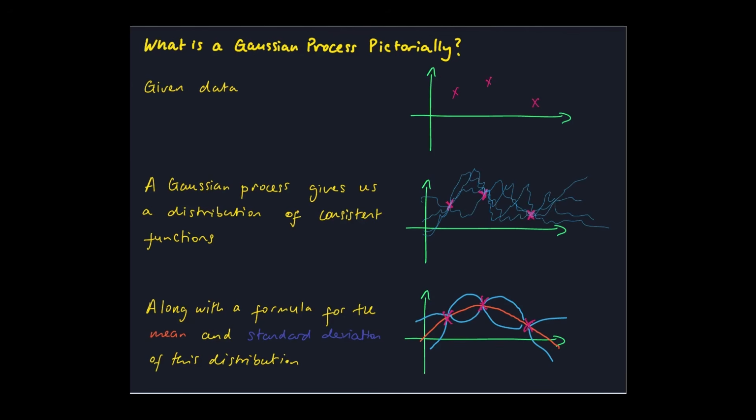Then you can sweep that point along the x-axis, and you get this mean and this standard deviation. So it basically gives you a formula for drawing this picture. That's one way to think simply about what a Gaussian process is. The shape of these standard deviations, and quite what this picture looks like, depends upon something we call the covariance structure of the Gaussian process, and that's what we get to pick as machine learning people using Gaussian processes. We get to pick the covariance structure. So that's the picture.